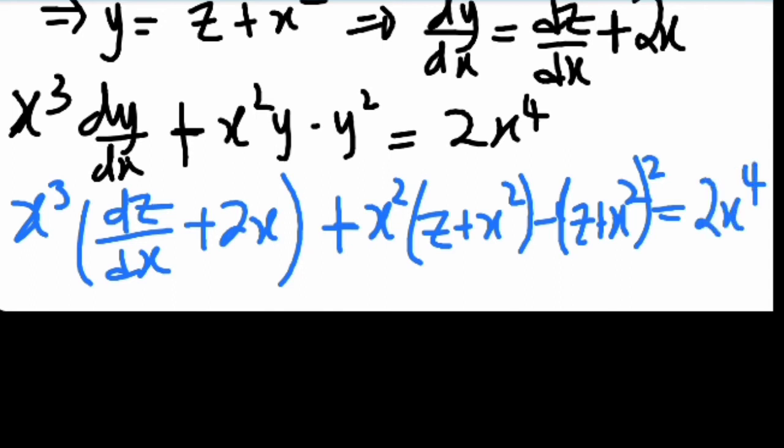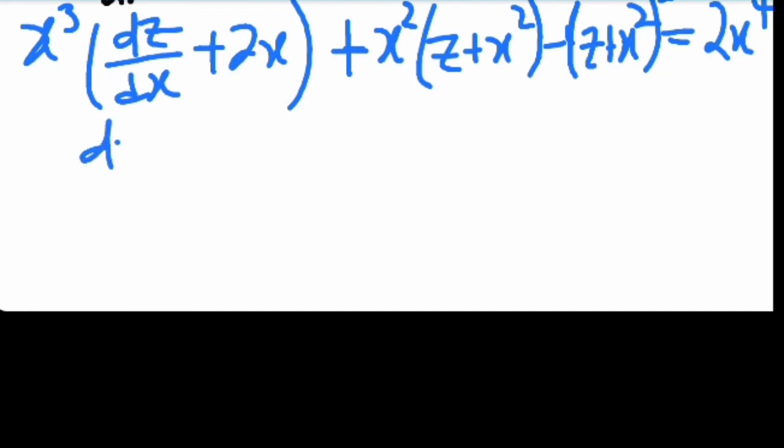Divide through by x raised to power 3. We have dz by dx plus 2x plus x squared divided by x cubed, which is just 1 over x.